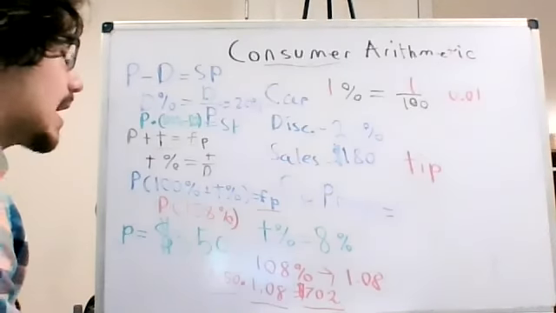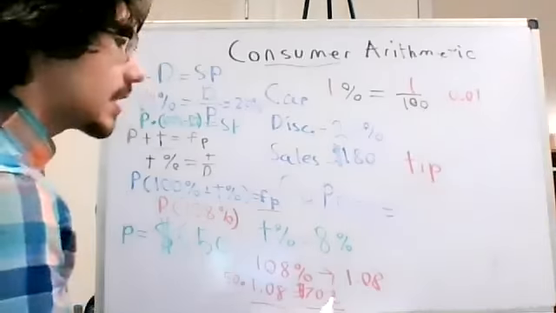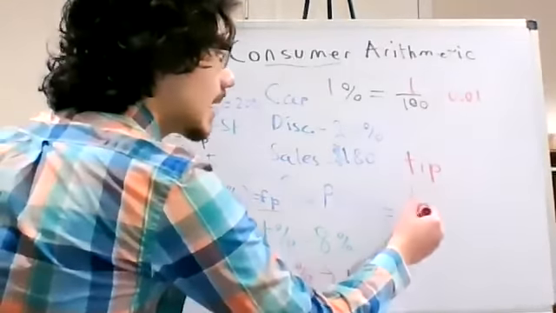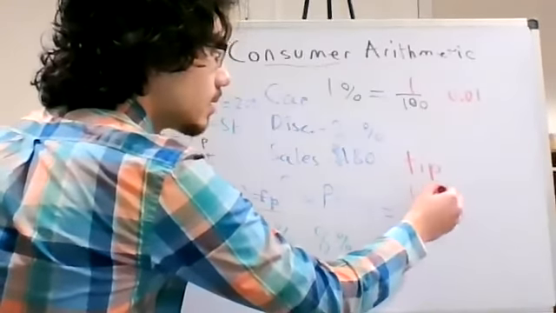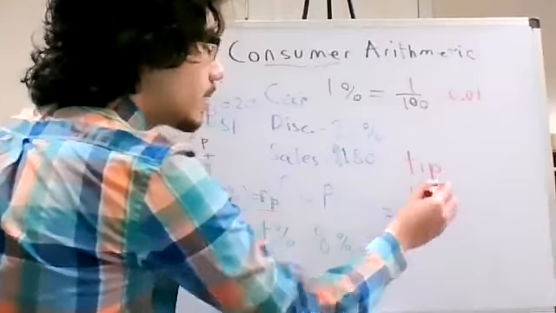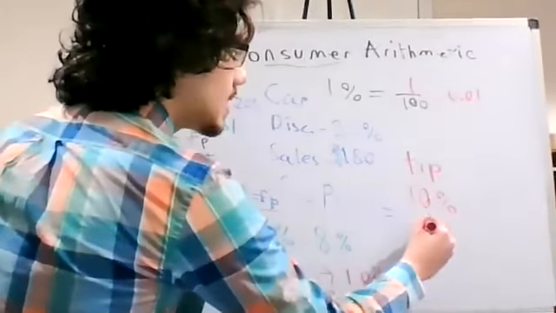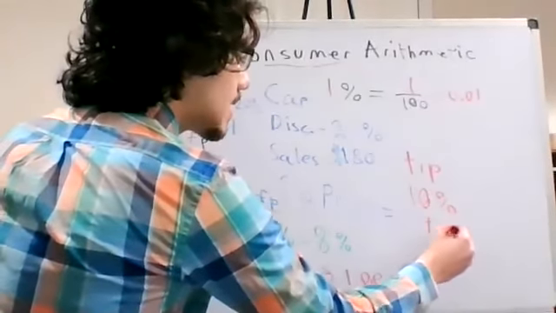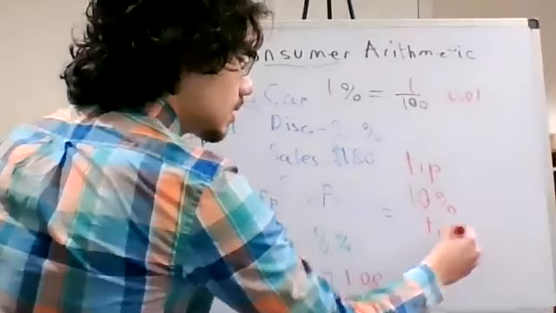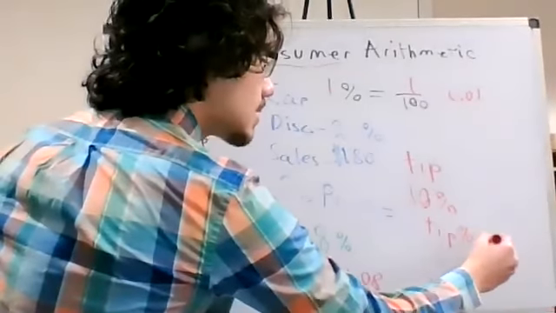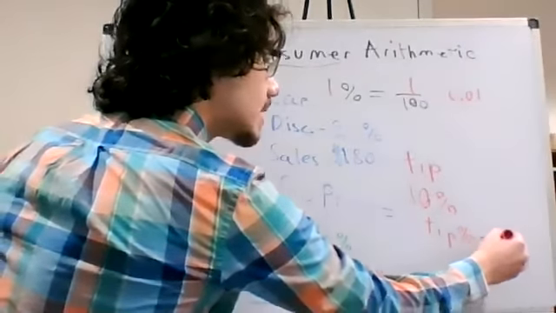So let's say you have to give a 10% tip. A 10% tip would be simply the tip percent times the final price.